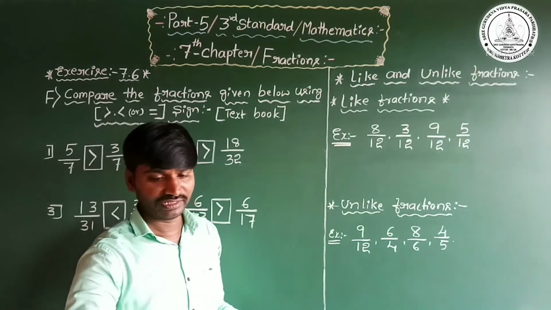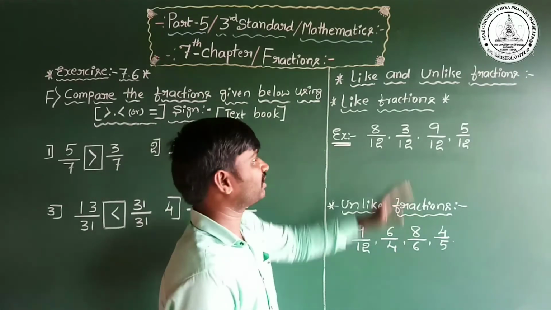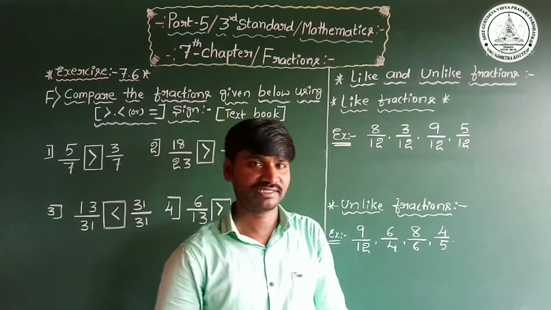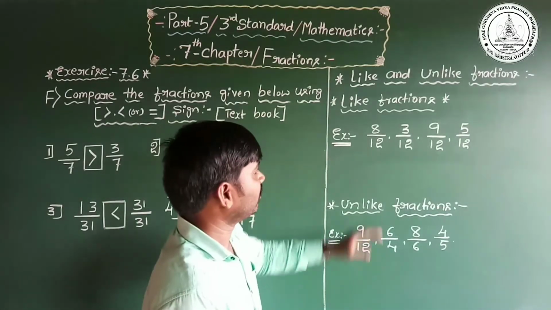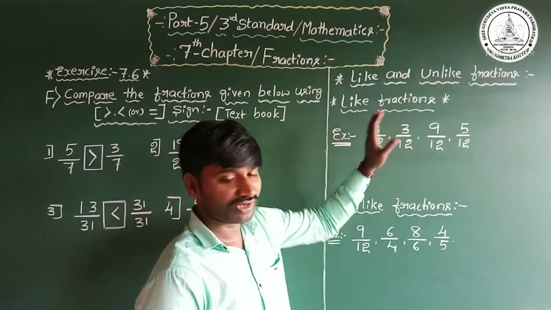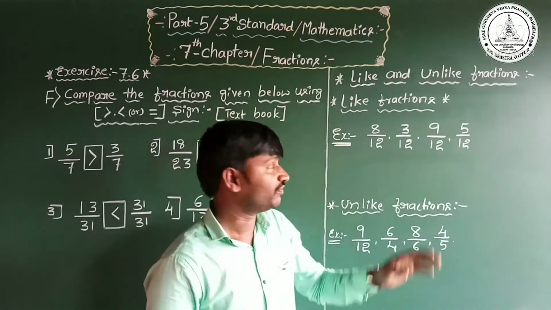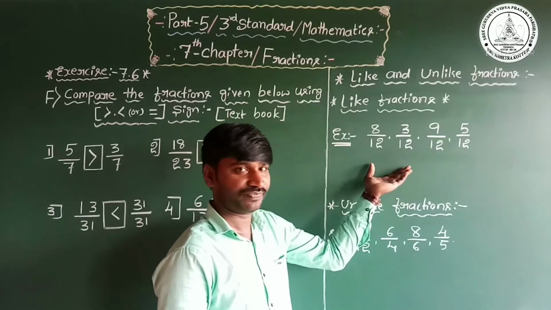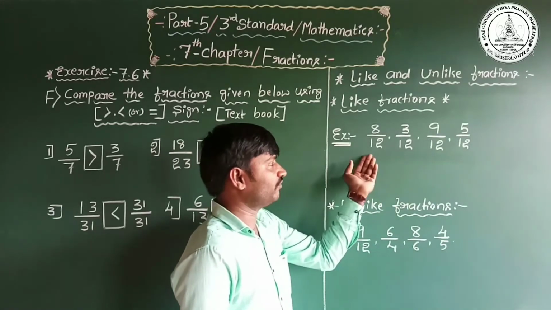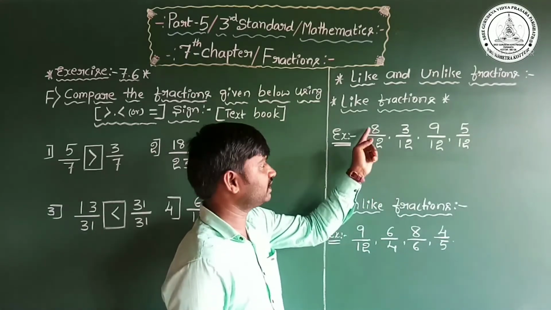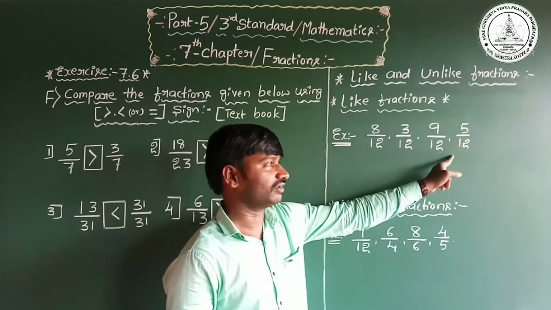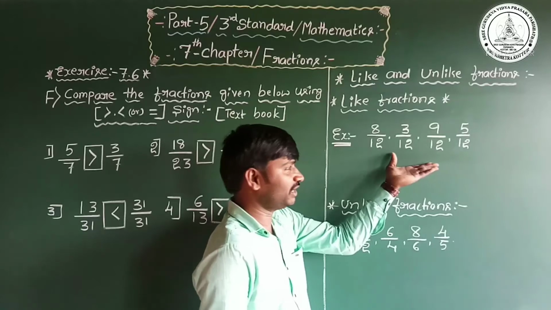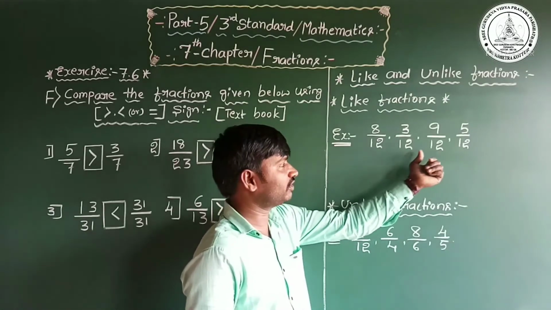Yes. The next concept, like and unlike fractions. Dear student, like fractions are fractions with the same denominators. Here see 8 by 12, 3 by 12, 9 by 12, 5 by 12. All these fractions have the same denominator, 12, 12, 12, 12.